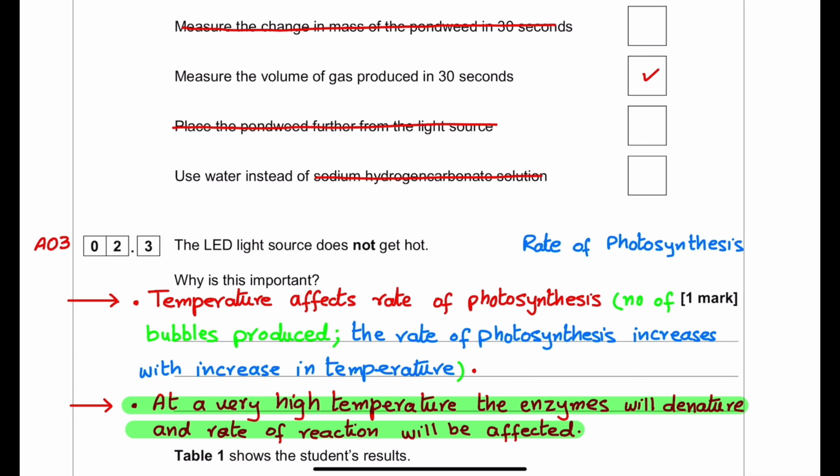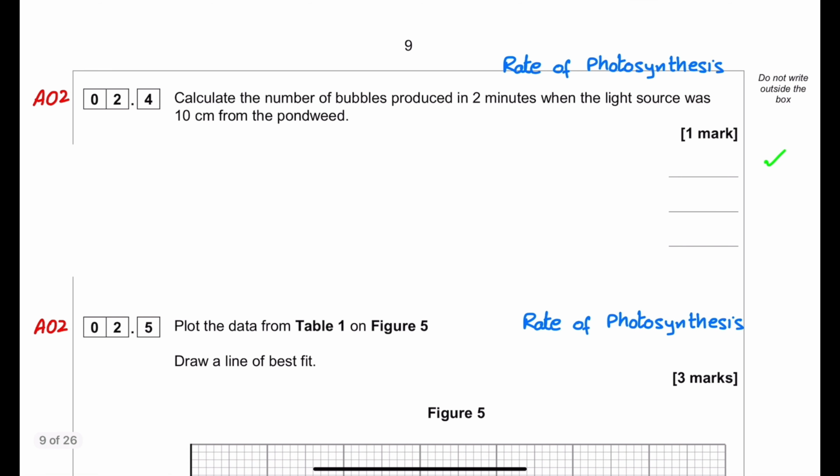Second thing is, at very high temperature, the enzymes will be denatured and the rate of photosynthesis will be affected. Or the student can use another option there. If the temperature is too low, the enzymes will not work properly. So the rate of photosynthesis will be affected again. So the best option is the temperature will affect the rate of photosynthesis.